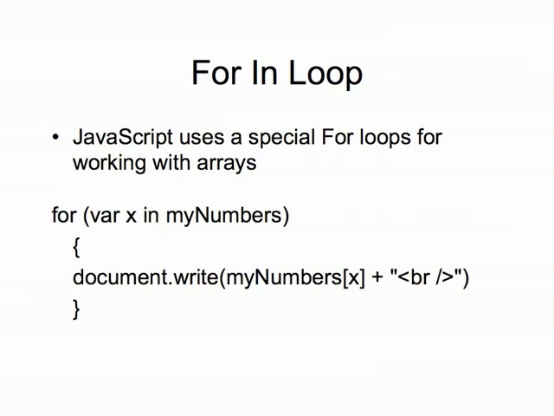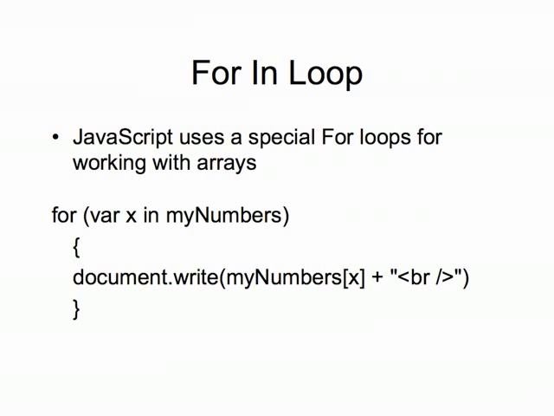Now, very often in programs, you want to count through the elements of an array from the beginning to the end. There's actually a very handy function in JavaScript to do just that. It's a special type of for loop. It's the for in loop. So here we could say for (var x in myNumbers), and then we say document.write(myNumbers[x] + "<br/>").